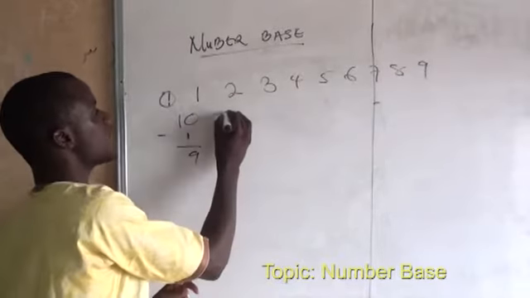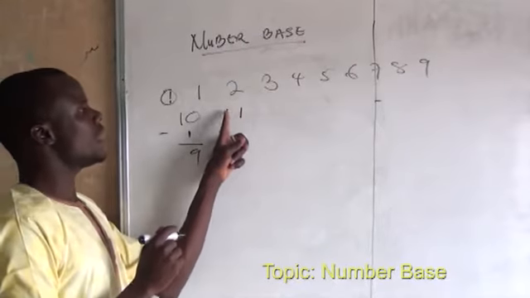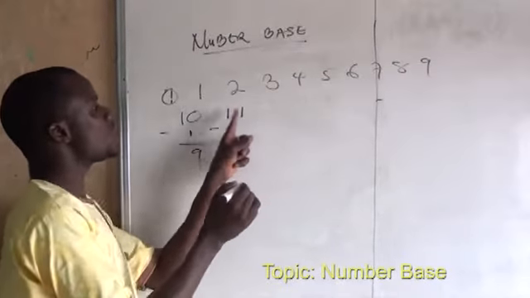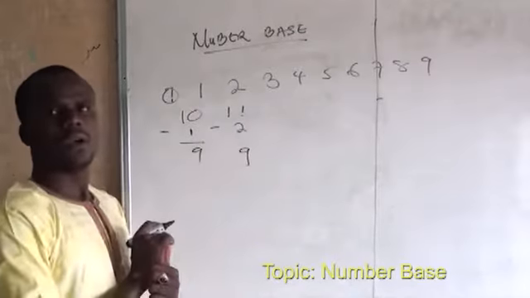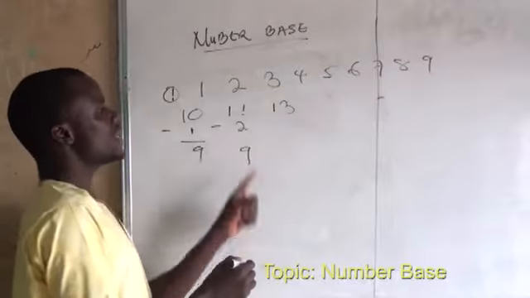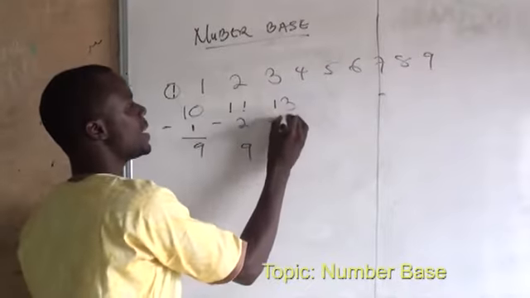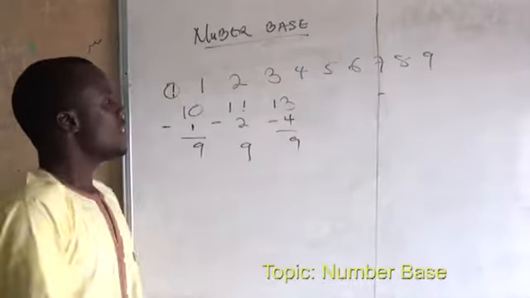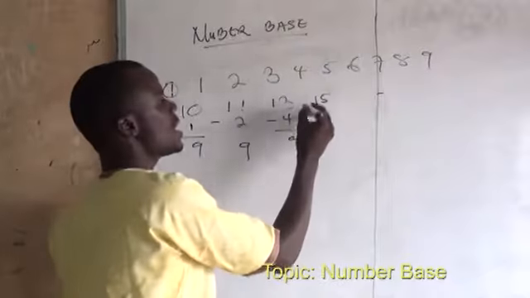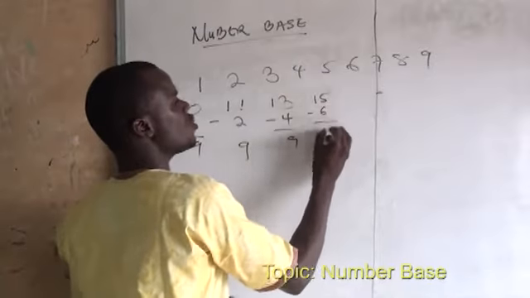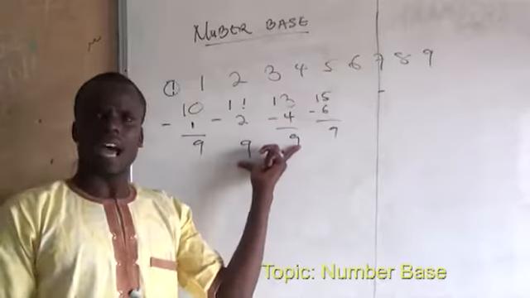Also, when we take 11, 1 plus 1 is 2, and 11 minus 2 is also 9. When we take 13, 1 plus 3 is 4, so 13 minus 4 is also 9. Then when we take 15, 1 plus 5 is 6, so 15 minus 6 is also 9. So anything in mathematics is a multiple of 9.